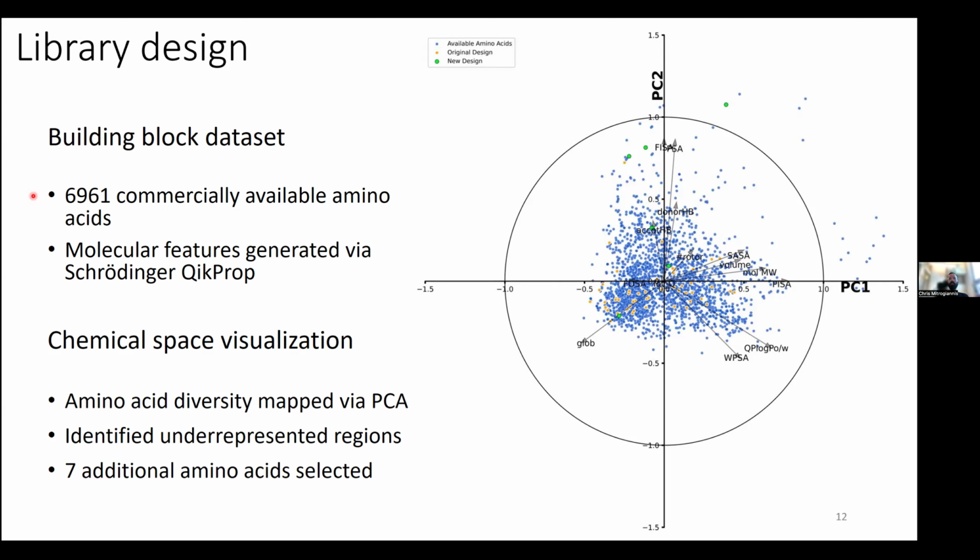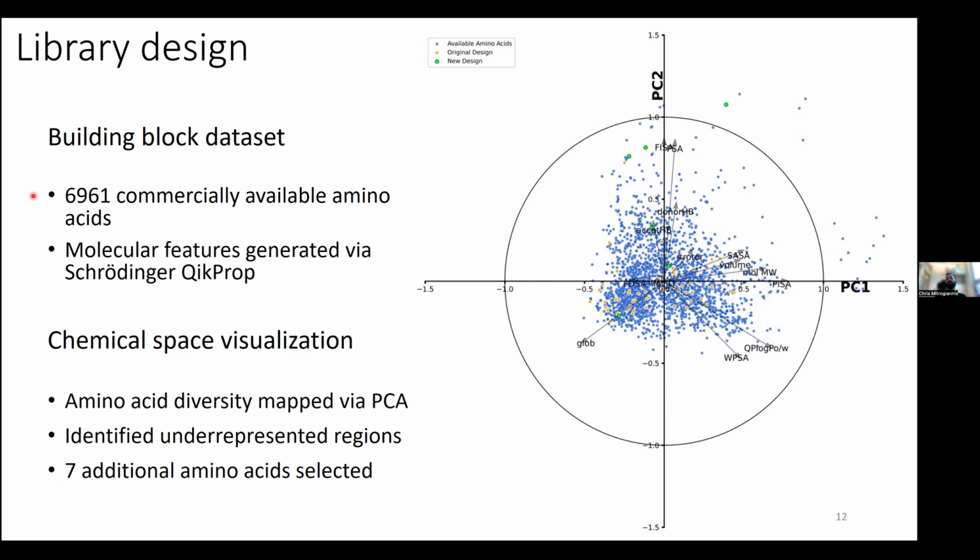Molecular features like molecular weight, lipophilicity, hydrogen bond donors and acceptors, things that medicinal chemists usually look at when they look at a molecule. And they just plotted all these characteristics in the graph that you can see to the right of this slide. And so they mapped the diversity of the amino acids in this plot.